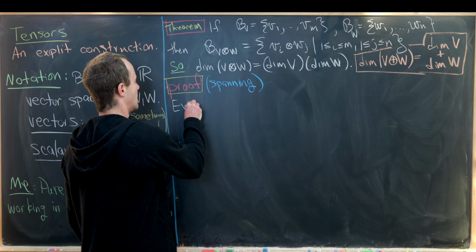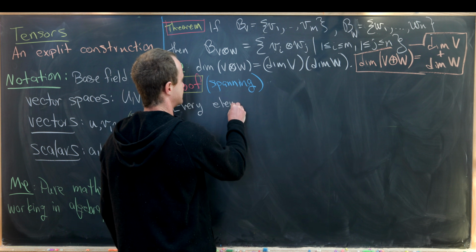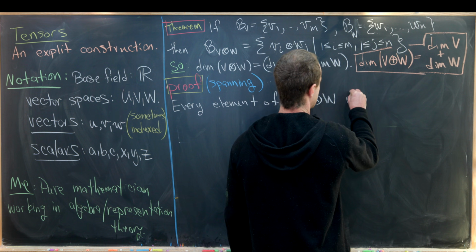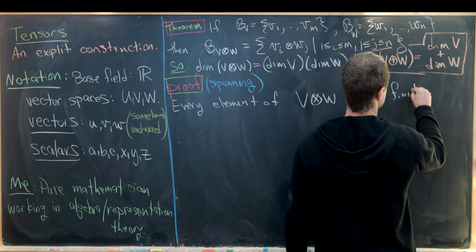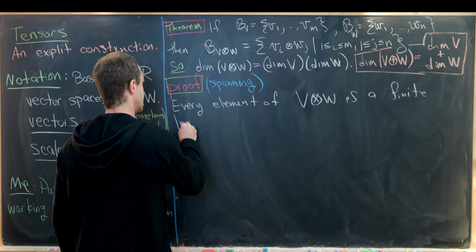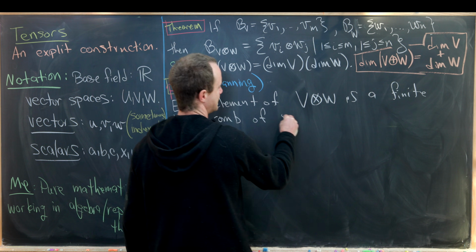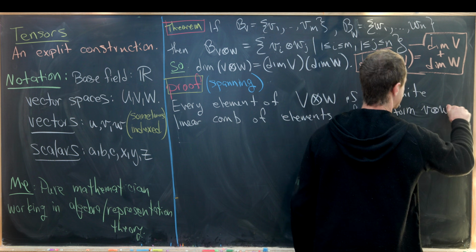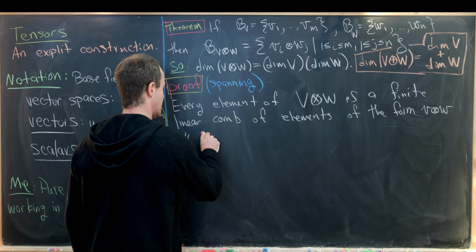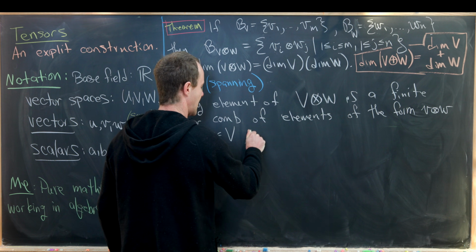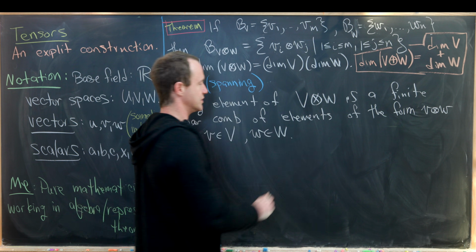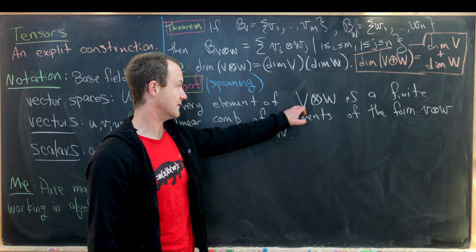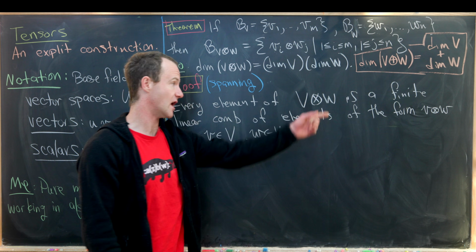So let's recall that every element of V tensor W is a finite linear combination of elements of the form little v tensor little w with little v in V and little w in W. Now notice I did not say that every element of V tensor W was of this form.